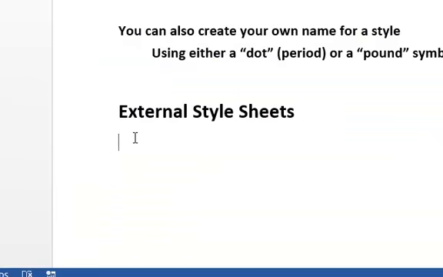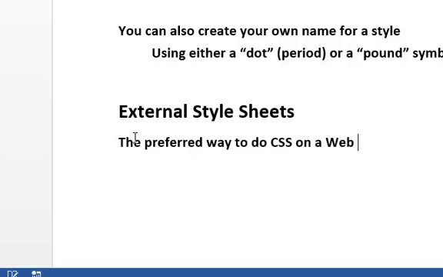That is really the preferred way to do CSS styling on a website, because you put all these specifications that you want in a separate document. If you have like 20 or 30 web pages on your site, instead of having to manually change each of those 20 or 30 pages individually, you can change it on this style sheet.